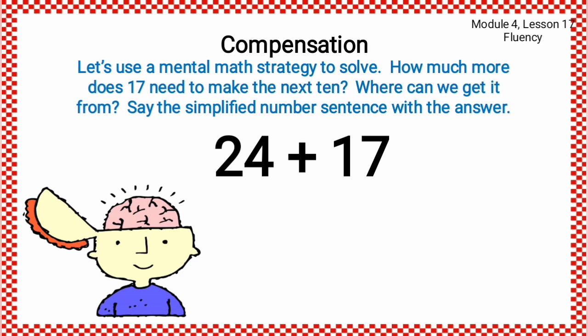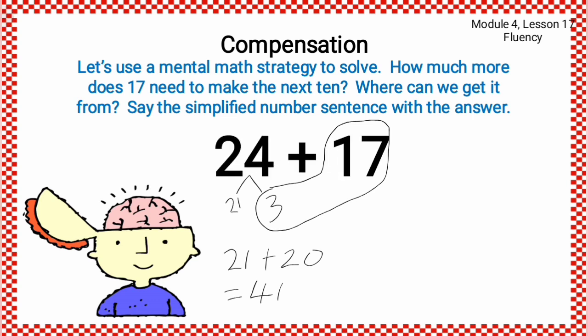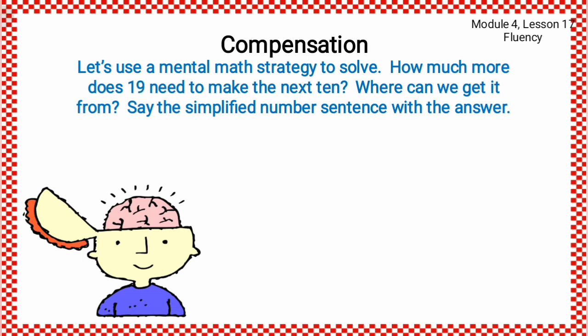I have to pull out 3 from 24, and that becomes 21 and 3. So 3 plus 17 is 20. 21 plus 20 is 41. You see, I didn't think about calculating 24 plus 17. I just figured out a way to make it become 21 plus 20. Are you following me? Okay.